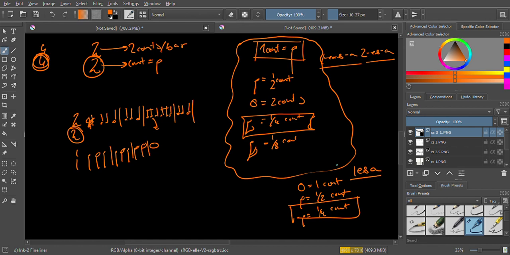So I'm counting this as 1, 1, 1, 1. Literally, that's how I'm counting it. But I'm going to split it up into 4, so it's easier for me to count the quarter note. So it's going to be 1e and 1e and 1e and 1e and, and so on.